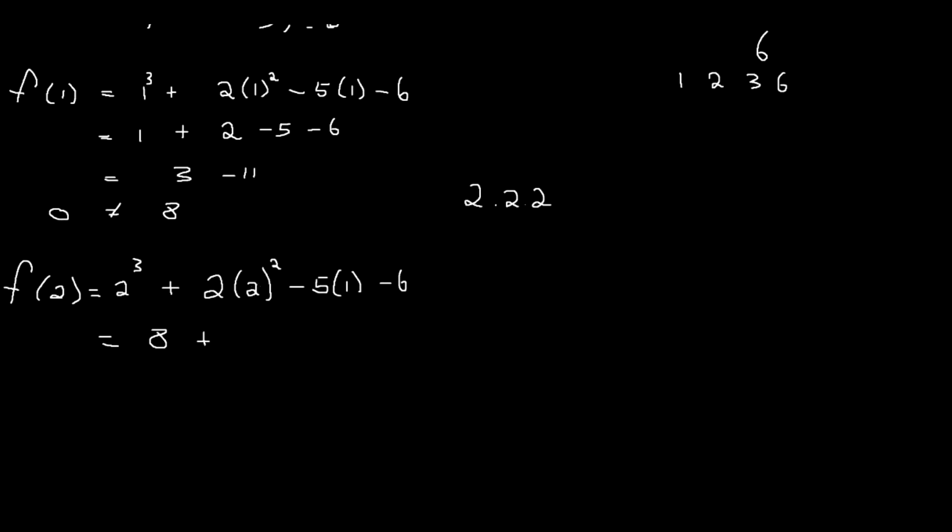Here we have 2 times 2 is 4, 4 times 2 is 8. Negative 5 multiplied by 2 is negative 10, minus 6. This then gives me 16 minus 16. So now we found 0. That means that one of my x values will be equal to 2.